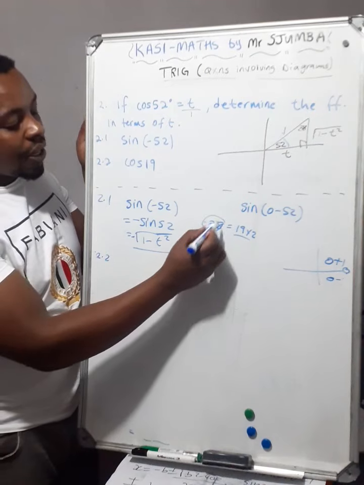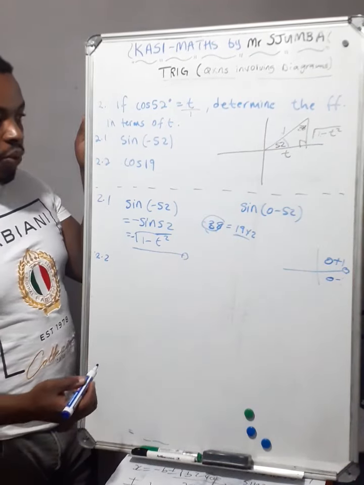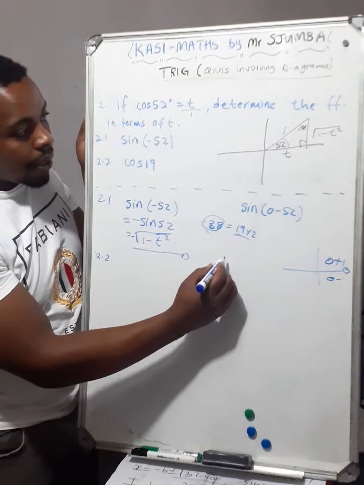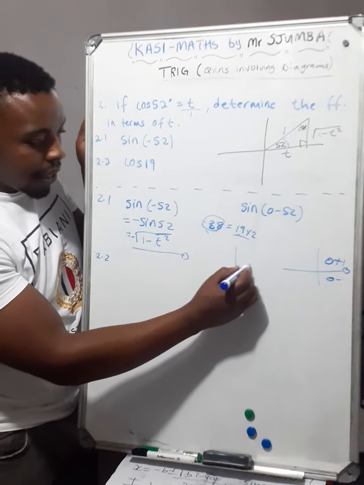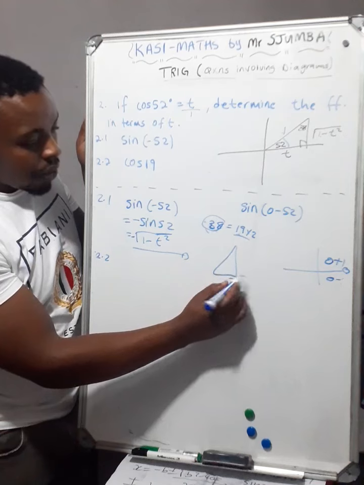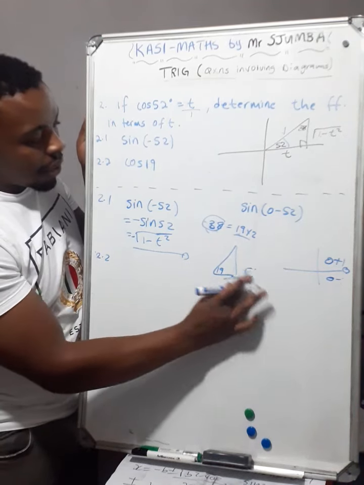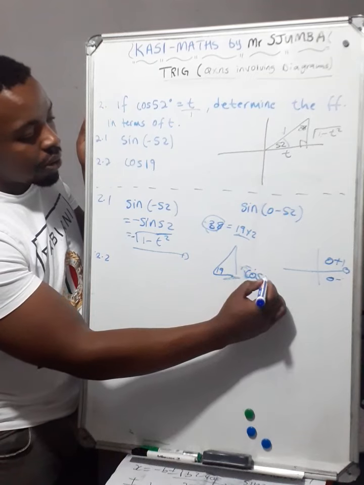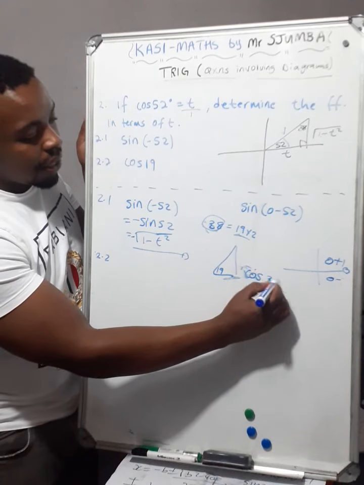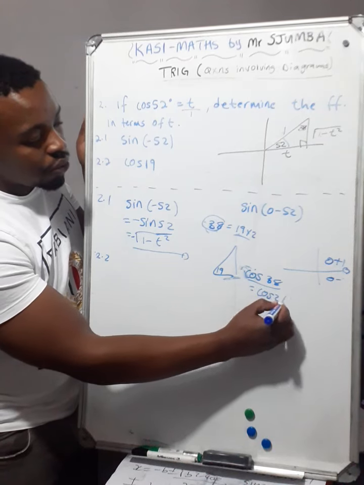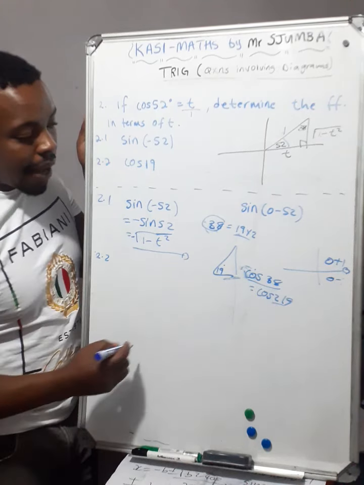So we can convert 38, it means 19 times 2, yeah? But manje we don't have 19 lapha. Thina basibuza ngo-cos 19. Then we change cos 38, simenza u-cos 19, then sithatha ama-answer la.